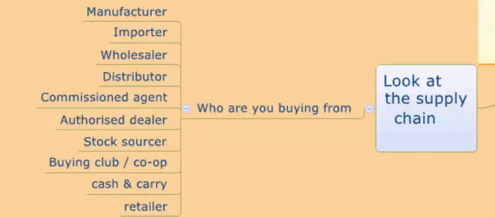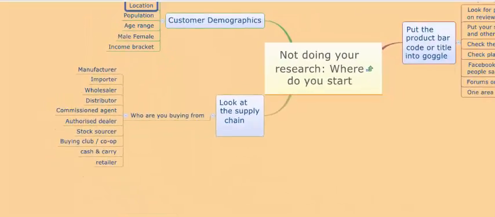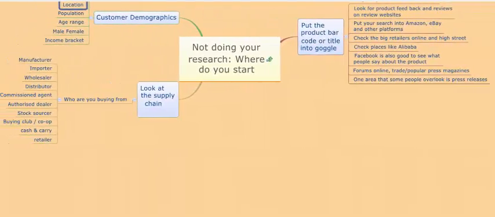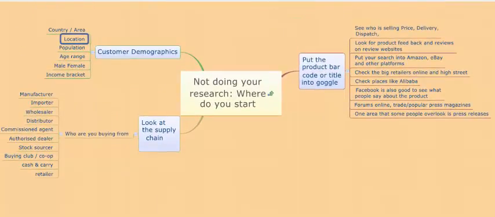So that product is going to be quite highly priced if you're buying it from a cash and carry or a retailer, because they would have used some of these here to actually bring it in, and they're all wanting a little piece of the pie. So you need to understand where your supply chain is going to be when you buy the product. But as I said, all of these we're going to go into in greater detail during the actual module itself, and you will find out an awful lot more about it.